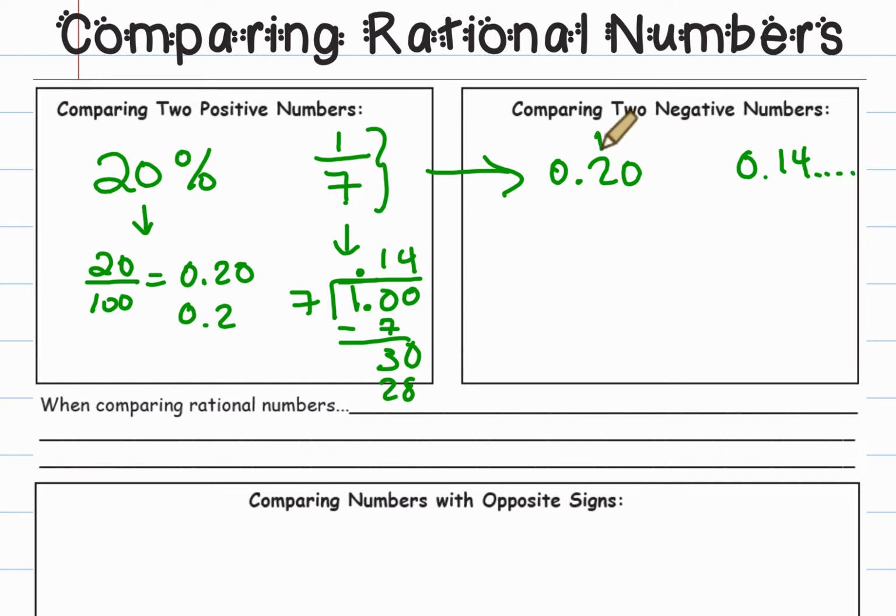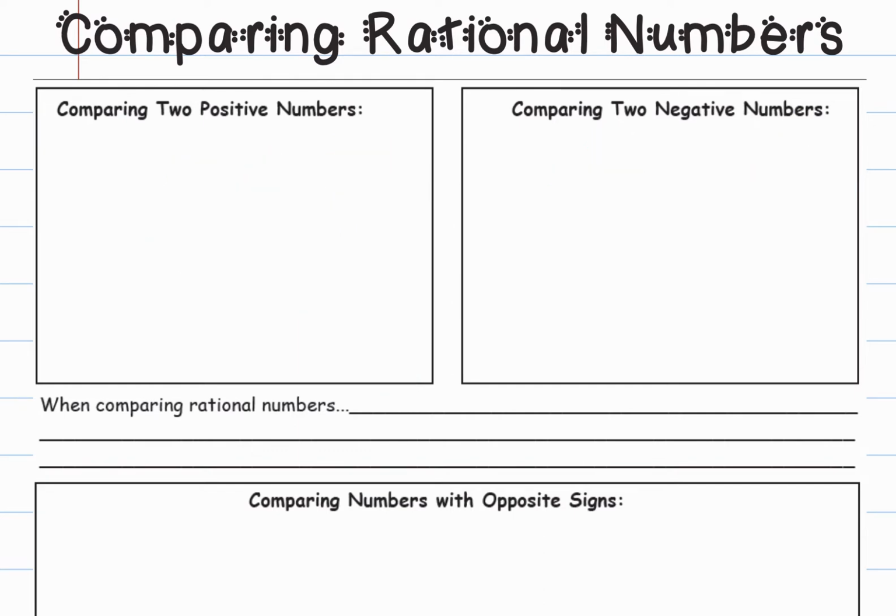I can look at the tenths place, and I can see that the number from 20% has a larger value in the tenths place than 1/7 does. Therefore, 20% has to be greater than 1/7. So when I'm comparing rational numbers, one of the things I need to do is make sure that they are in the same format. So I want to compare decimals to decimals and fractions to fractions.